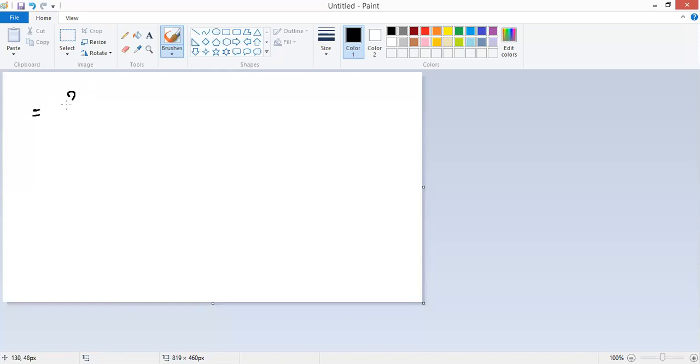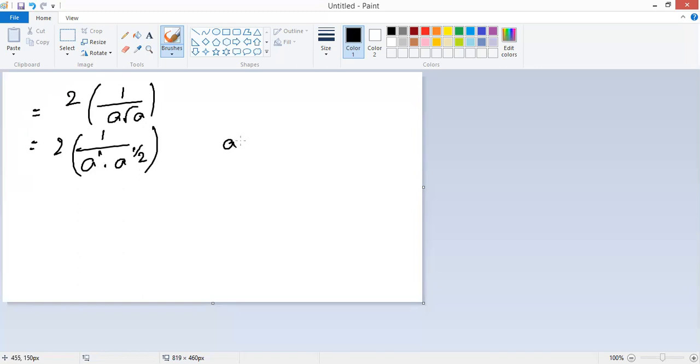2 into 1 by a root a. We are left with 2 into 1 by a root a times. This a we can write as 1 by a power 1, a root a is a power 1 by 2. As we know, a power m into a power n is equal to a power m plus n.